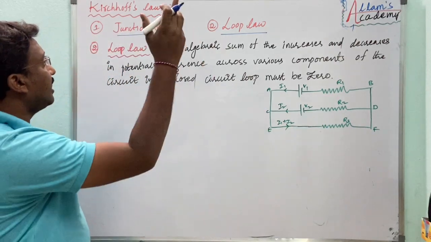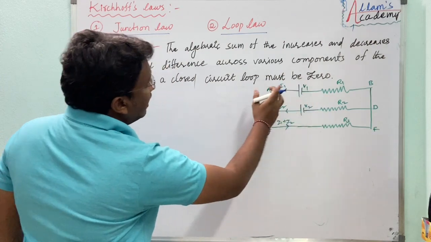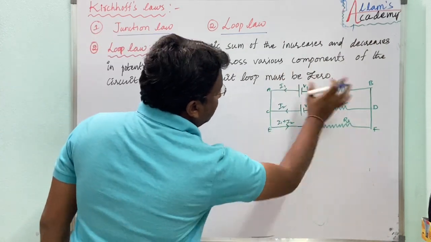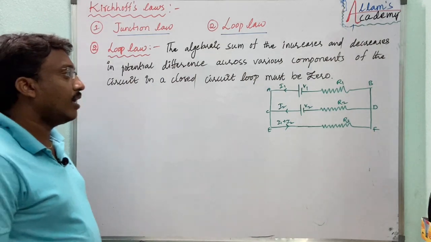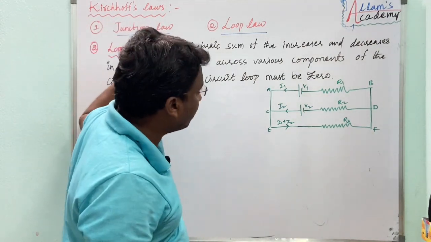So increasing and decreasing potential difference across a closed circuit must be 0. This is the law.